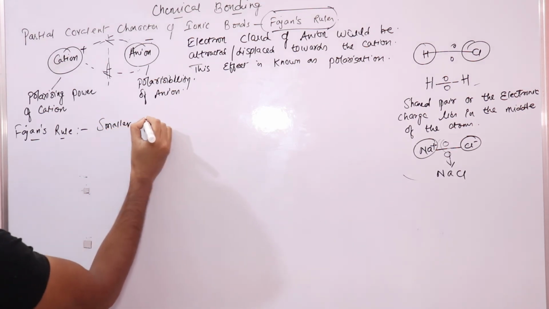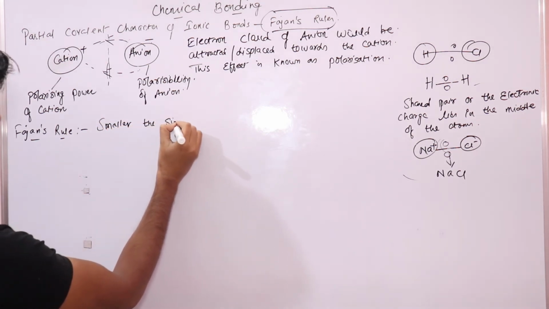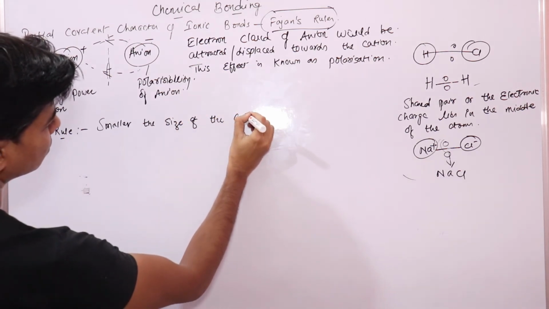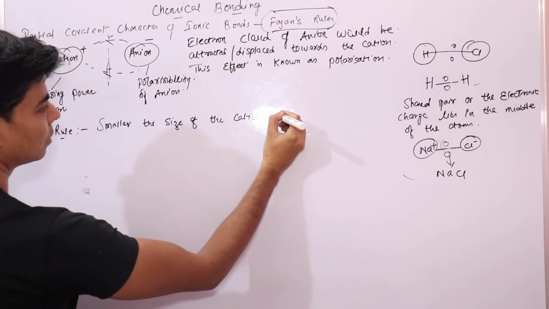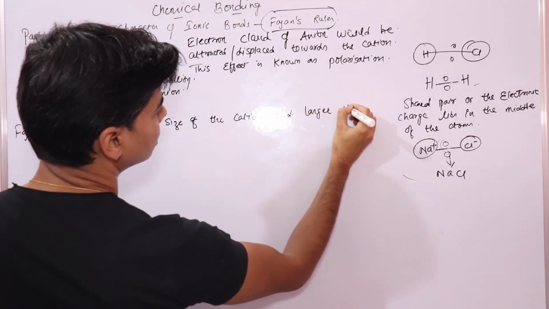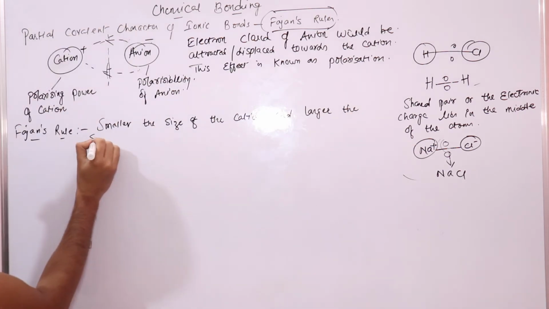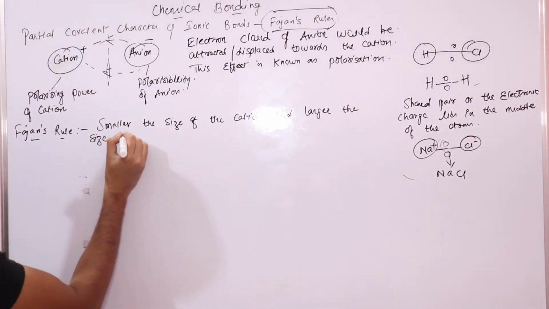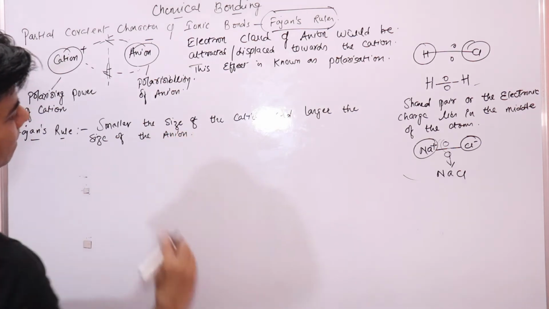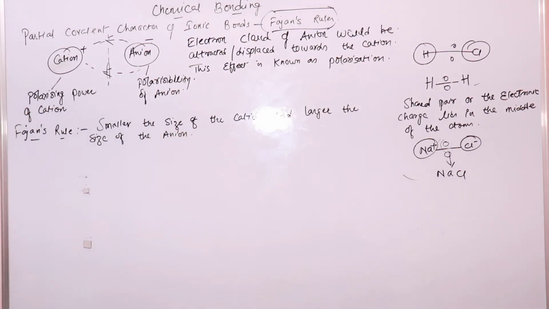It says smaller the size of the cation and larger the size of the anion, the greater is the polarization, right?